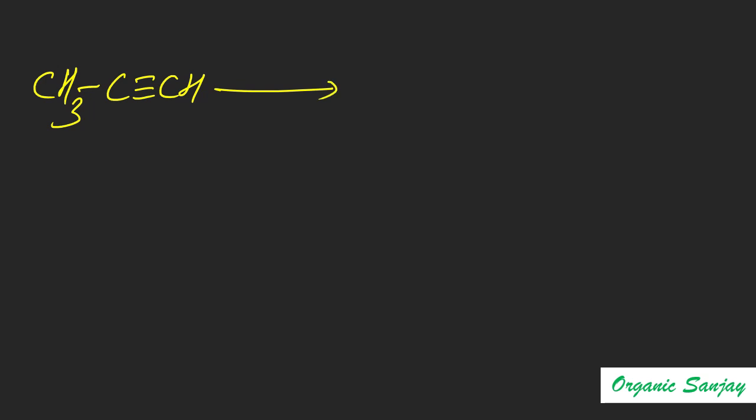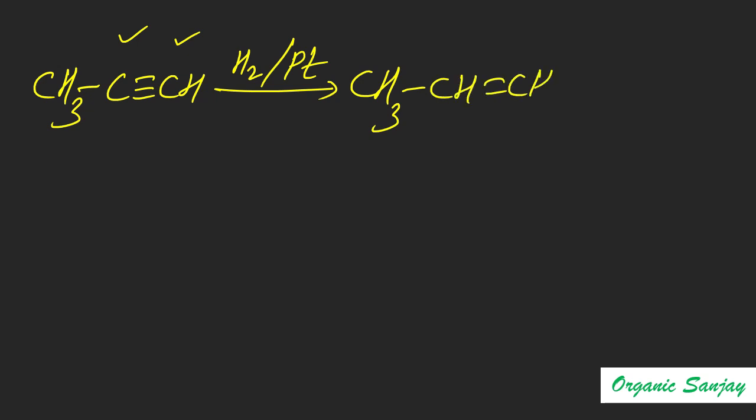Now let me show you one more example, propyne, C triple bond CH. Propyne reacts with hydrogen in the presence of, let's take platinum as a catalyst. One hydrogen will add here, one hydrogen will add here, and one pi bond will break. So it will give CH3 CH double bond CH2, right? Again the process gets repeated with platinum.